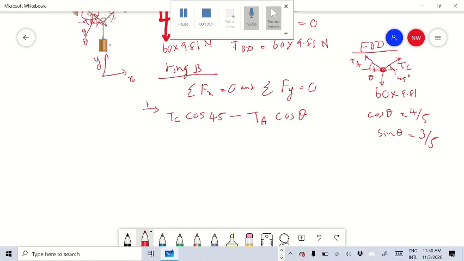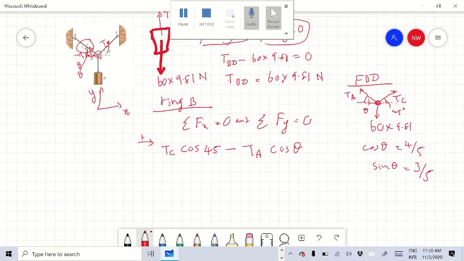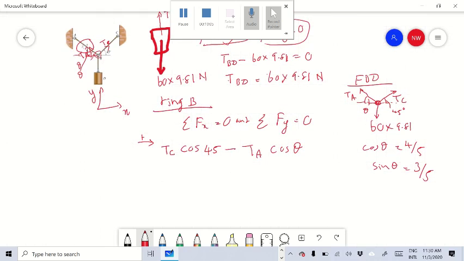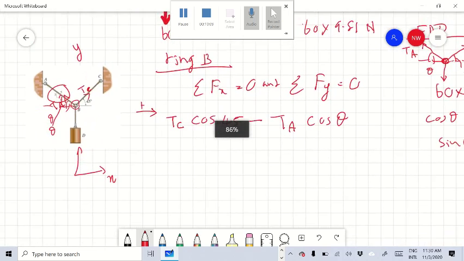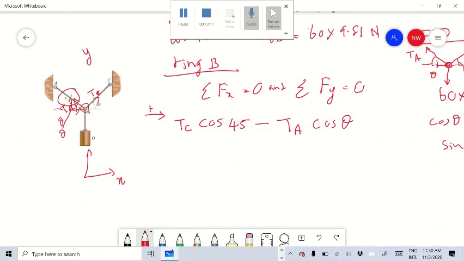Then we can write the equilibrium equations, right? So TC cos 45 minus TA cos theta should be equal to 0, right? This force here is perpendicular, in y direction, so the resolvent in the x direction is 0.